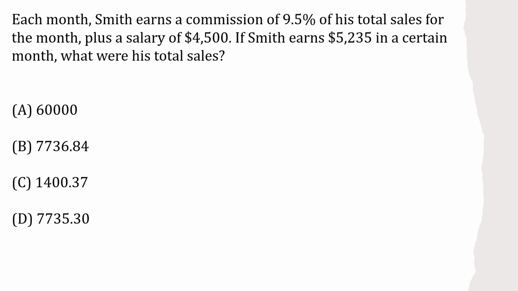If Smith earns $5,235 in a certain month, what were his total sales? For this question we have 4 options. Now you can try, and I will give my solution in the next slide.